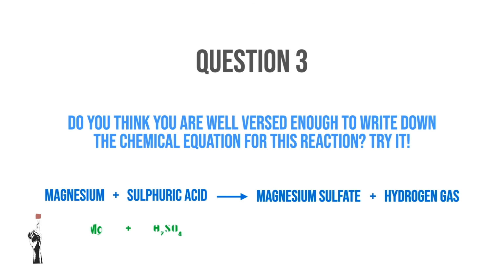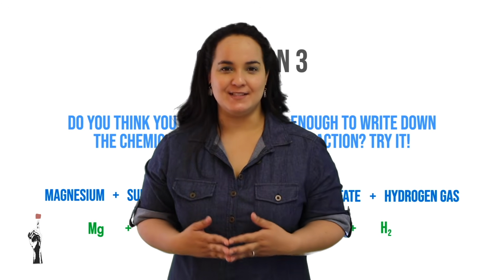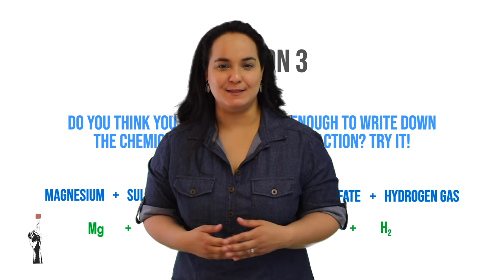Remember that the formula for sulfuric acid is H2SO4. If your chemical equation looks like this, you are spot on. But if not, please refer to lesson 2 in order to brush up on your knowledge regarding chemical equations and balancing of chemical equations. This is the end of the 6th and final lesson for term 2.